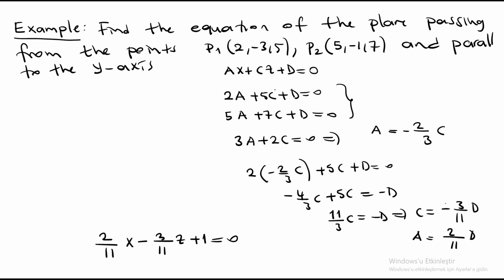D is not 0, okay? So from here you have this equation, 2 times X minus 3 times Z plus 11 equals 0. So this is the equation.